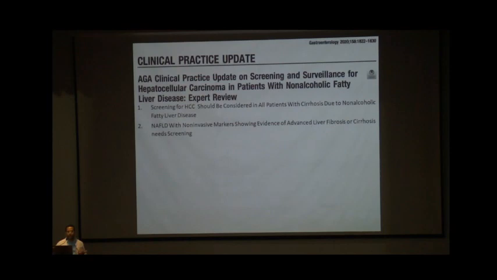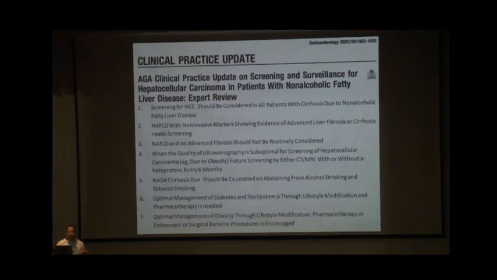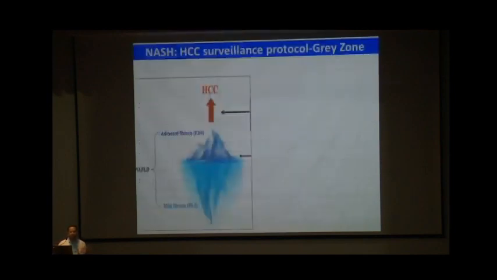The non-invasive biomarkers of advanced cirrhosis should be considered. NAFLD without advanced fibrosis should not be routinely considered. When ultrasound quality is suboptimal or poor, you can think of doing an abbreviated CT or MRI. NASH cirrhosis patients should be counseled on alcohol and optimization of lifestyle and diabetes. So this is the only existing guideline, which is also not clear, patchy.